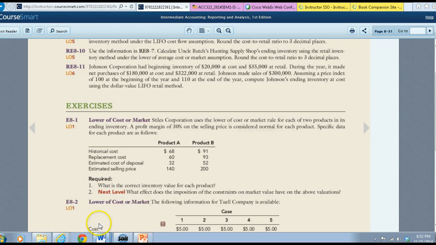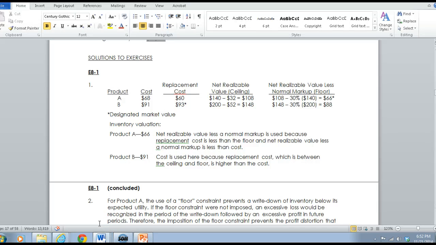So if we look in here, we've got the cost at 68. The replacement cost is at 60. Now we'll take our ceiling and our floor. Our ceiling is the selling price minus the cost of disposal, which is 108.